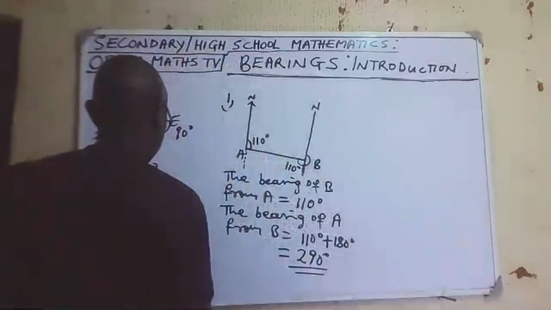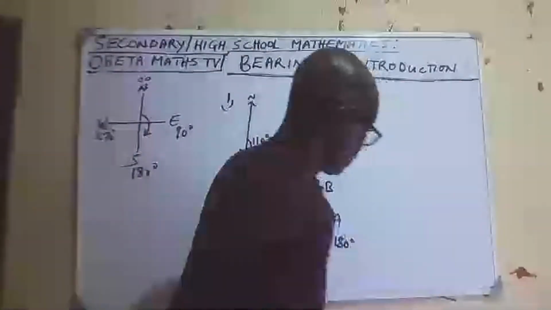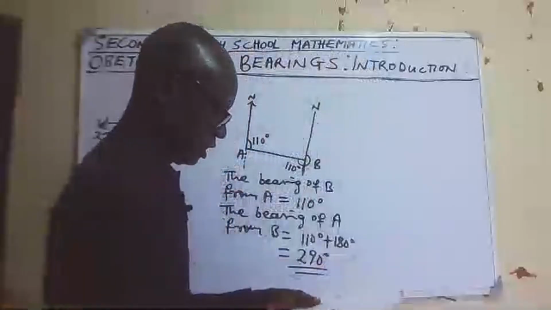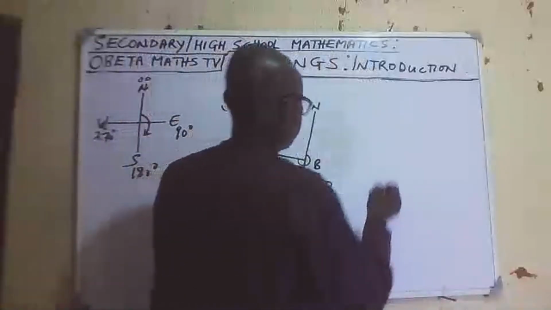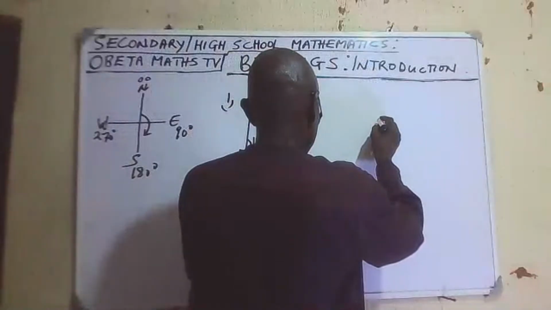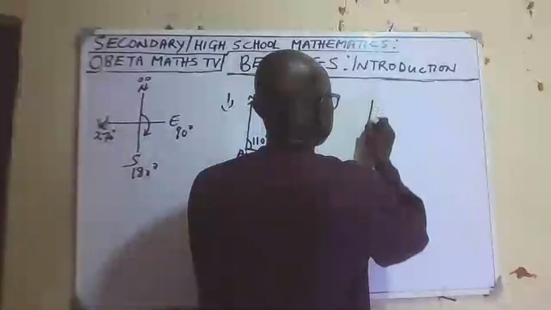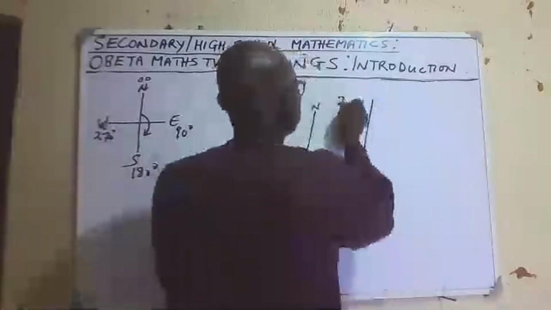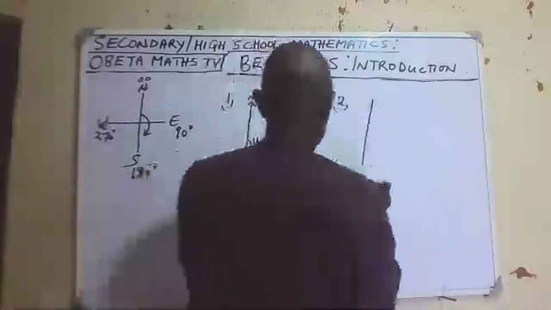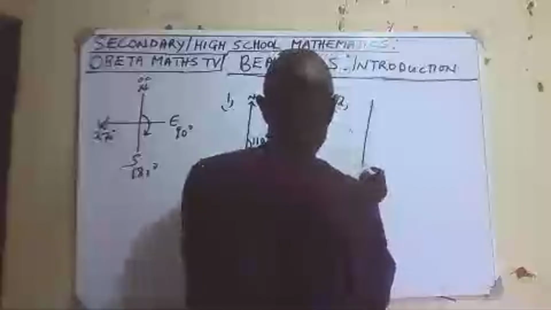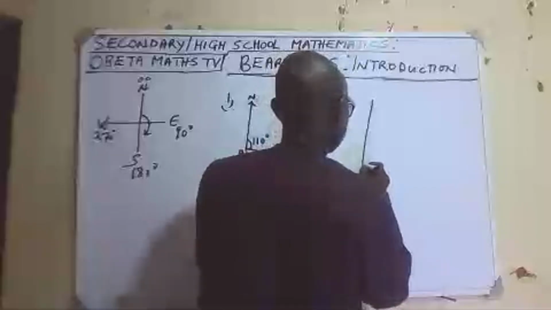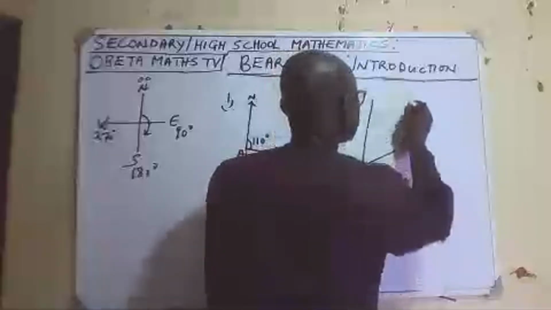Then we pick another example. Now, assuming we have another example like this, let us have this, and then we have maybe something of this nature.